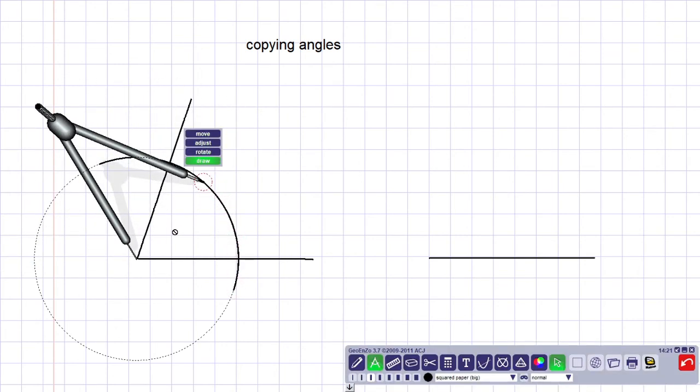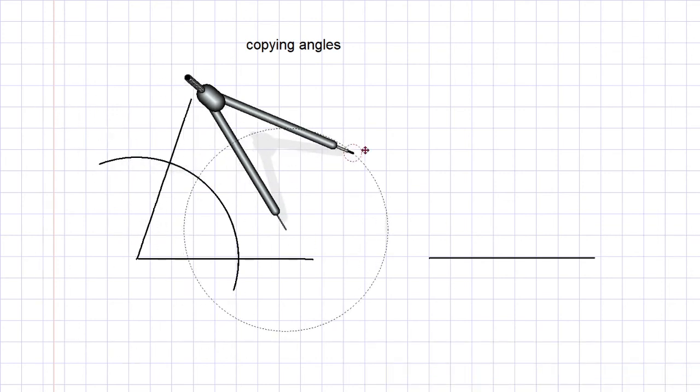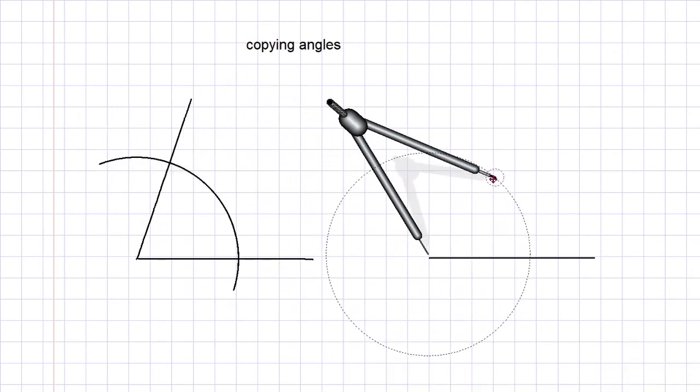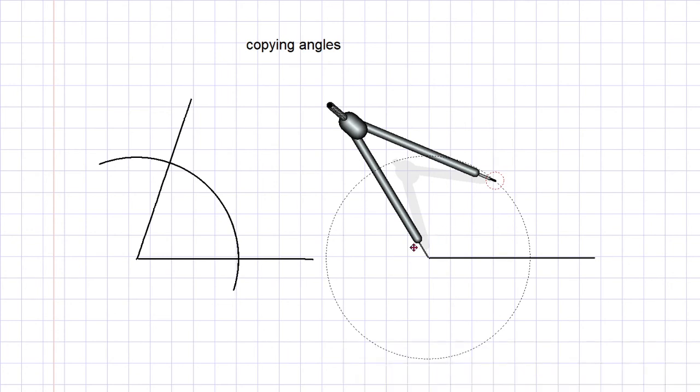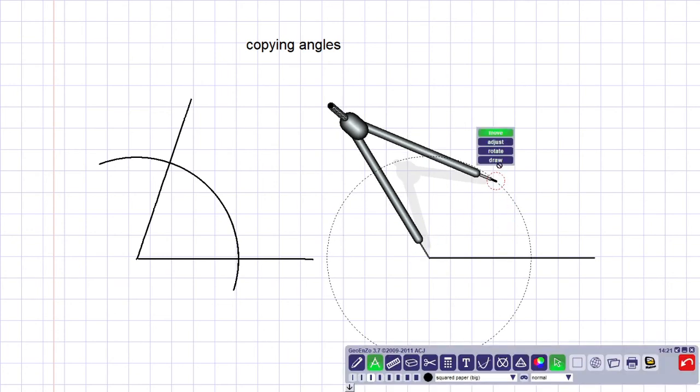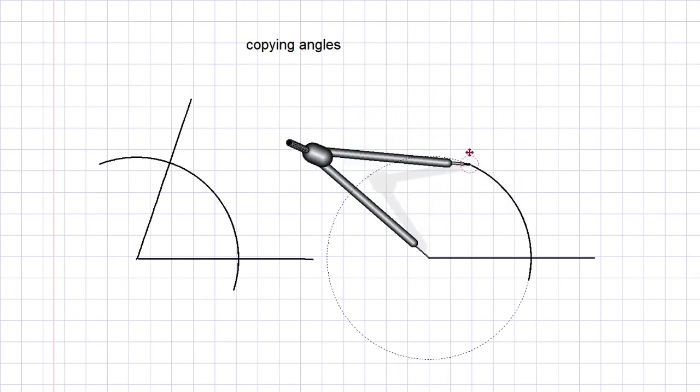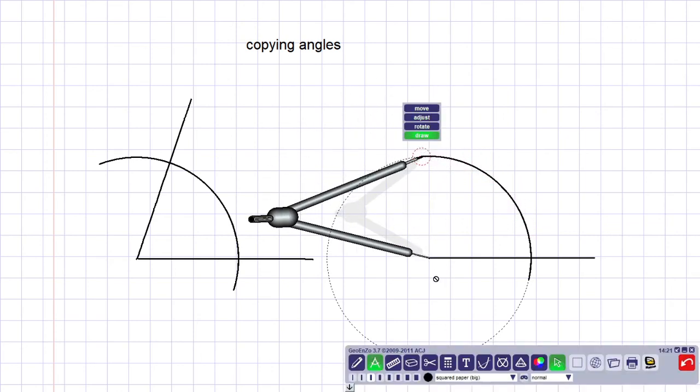After drawing that arc, without changing the distance between this tip of the pencil and tip of the compass, draw an arc at one end of the previous straight line without changing the radius. If you change the radius, then that is wrong. Draw an arc without changing the radius.